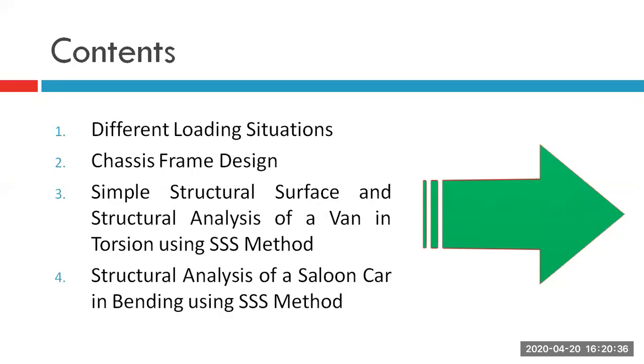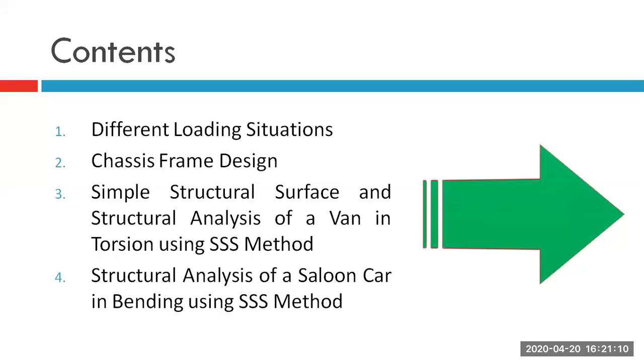Okay, so there are different loading situations. So we are going to be studying in detail a vehicle which is in torsion or bending. So lecture 3 is dedicated to structural analysis of a van using simple surface or simple structural surface method, wherein the van is in torsion, and the last lecture of this particular module and semester is dedicated to structural analysis of a saloon car, which is in bending using SSS or simple structural surface method.